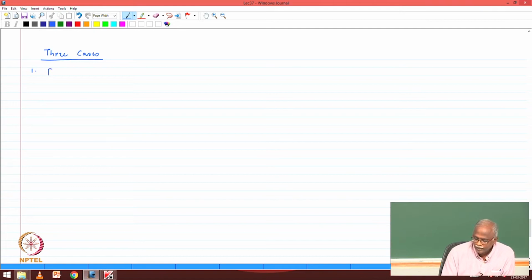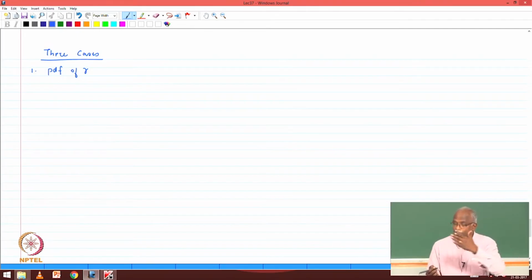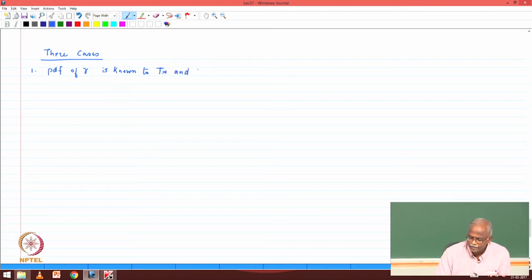Case one. The PDF of gamma, the PDF of the instantaneous SNR. For example, if it's a Rayleigh channel, then the SNR would have a chi-square distribution. So the PDF of gamma is known to Tx and Rx.